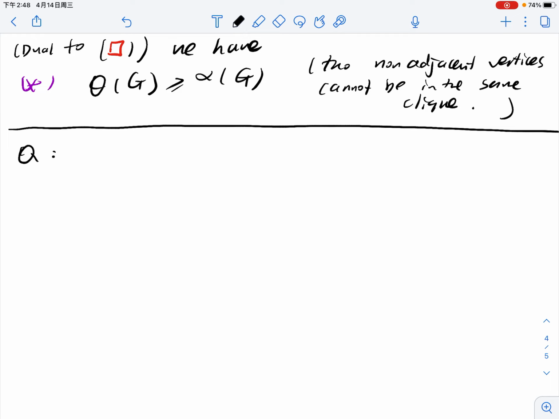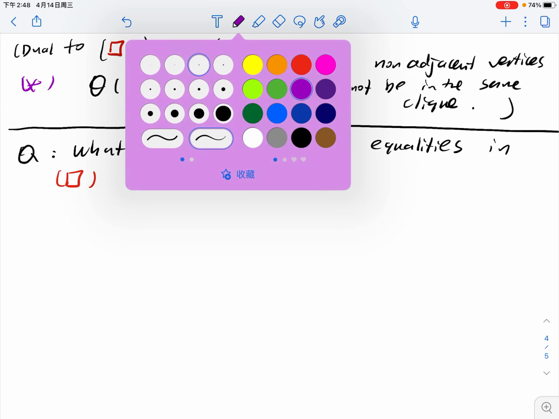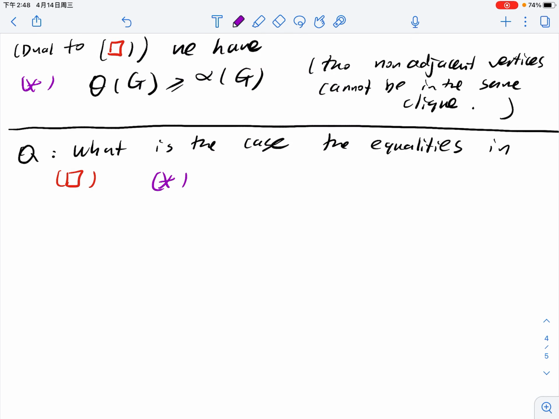And then a natural question is, in what case do the equalities in the box and the asterisk hold?